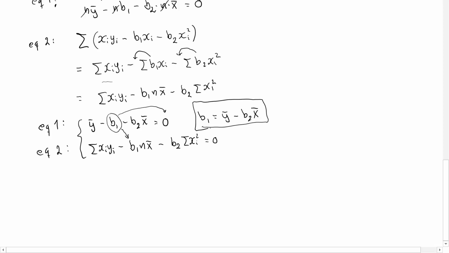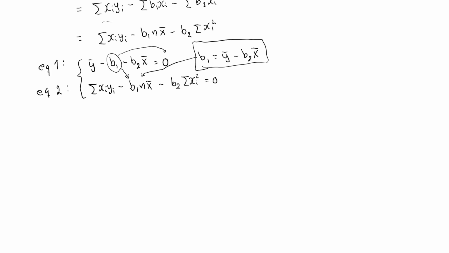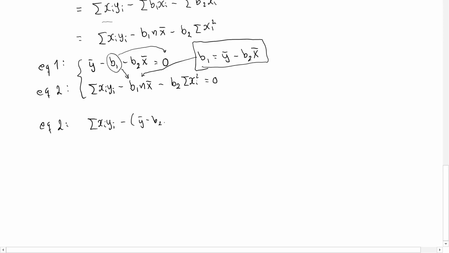To get the formula for b2, take this expression and substitute it in here in equation 2. Then equation 2 looks like this: summation xi yi minus b1, which is y bar minus b2 x bar, multiplied by n x bar, minus b2 summation xi squared. That should be 0.